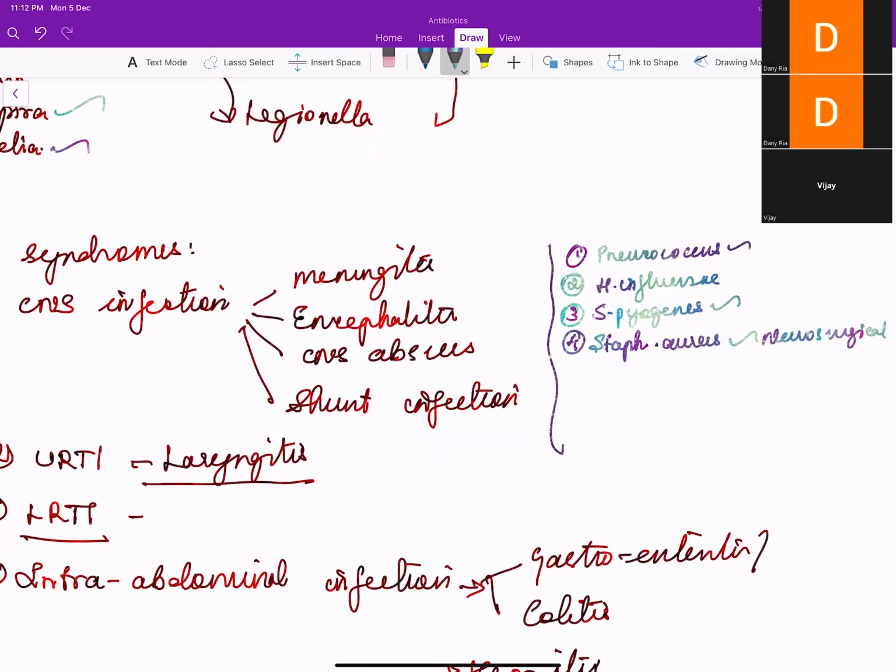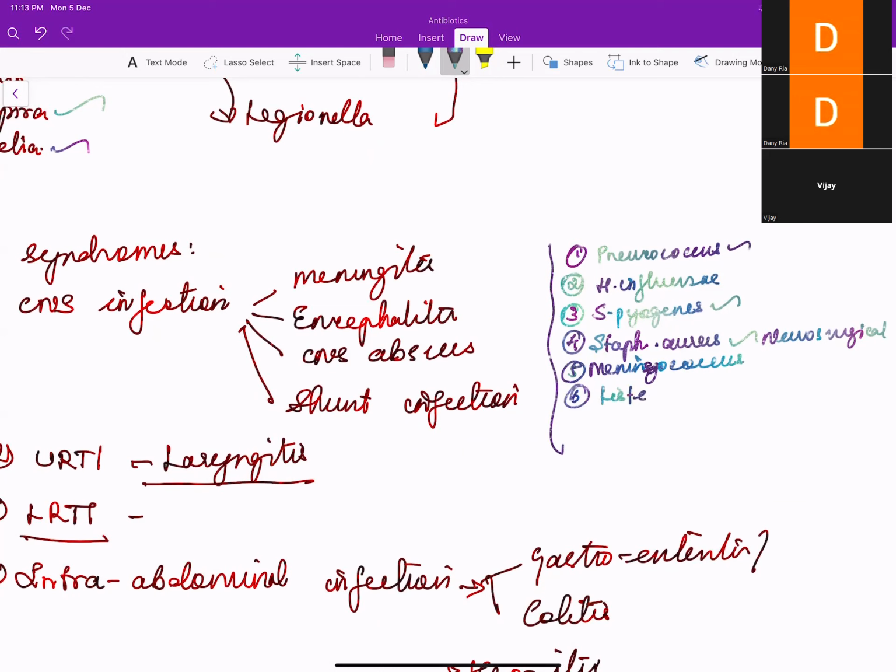Then tell about gram negative cocci. Can meningococcus occur? Yes, meningococcus causes meningitis. Gonococcus will not cause meningitis. Moraxella, I told you, less likely causes meningitis. Then comes gram positive bacillus. They are defined syndromes, so leave it as such. Gram negative, I told you, mainly below the diaphragm only, so they are less likely to cause meningitis. Very rare.